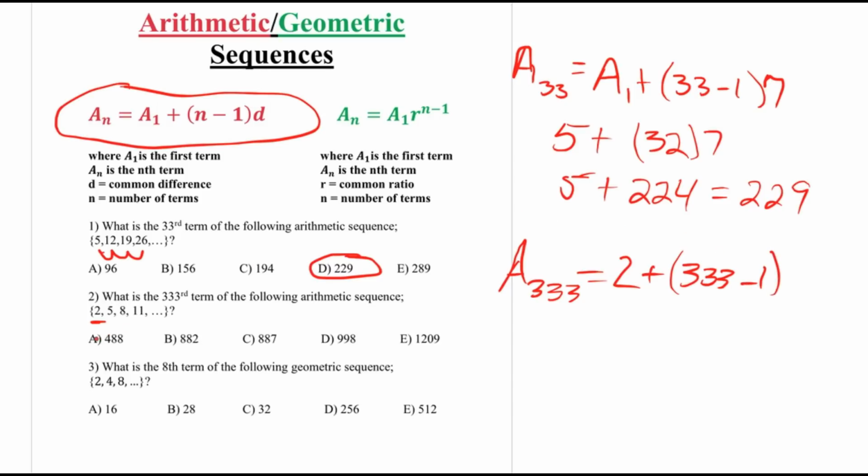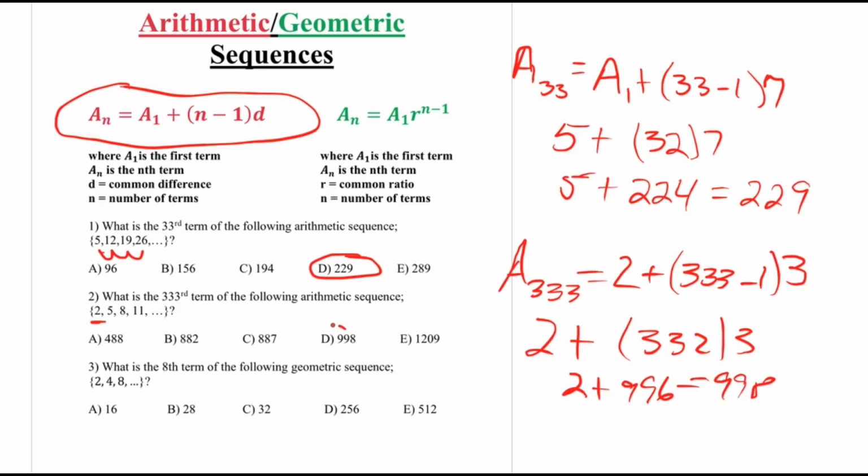And for number 2, d is, well, we go from 2 to 5, we're adding 3 each time. 5 to 8, we're adding 3. So d is 3. 2 plus 332 times 3, which is 2 plus 996 gives us 998.